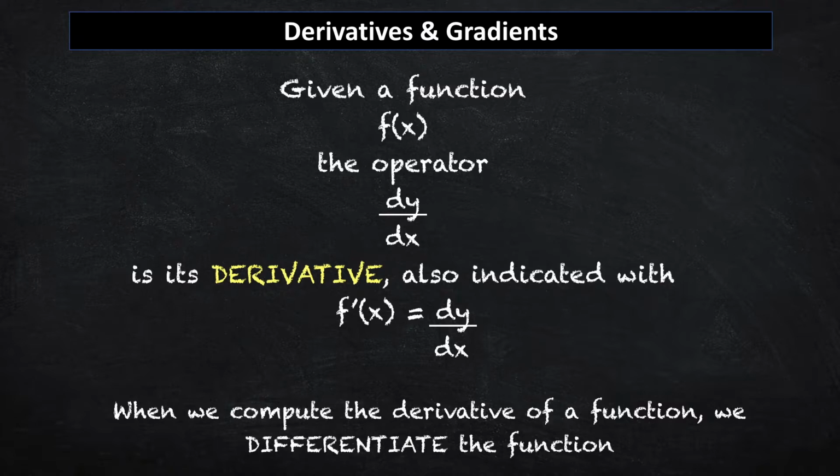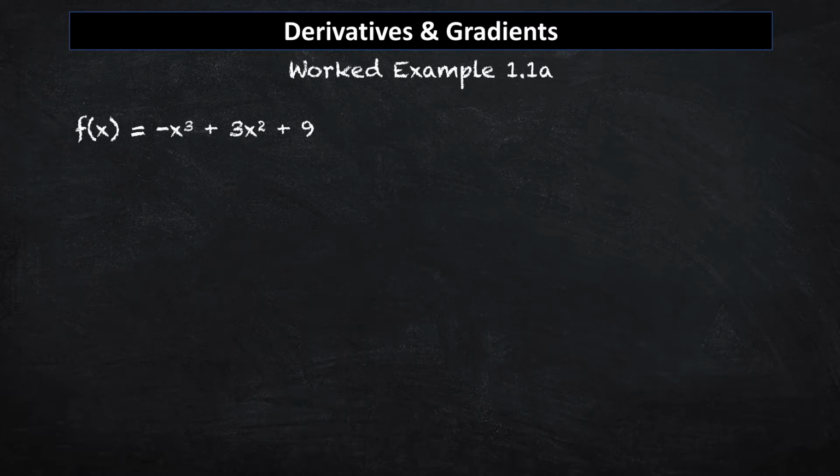We have to remember that the derivative of a function at one point is the gradient of the function at that point, and is related to the inclination of the tangent to the curve at that particular point. So now we can start looking at some examples.